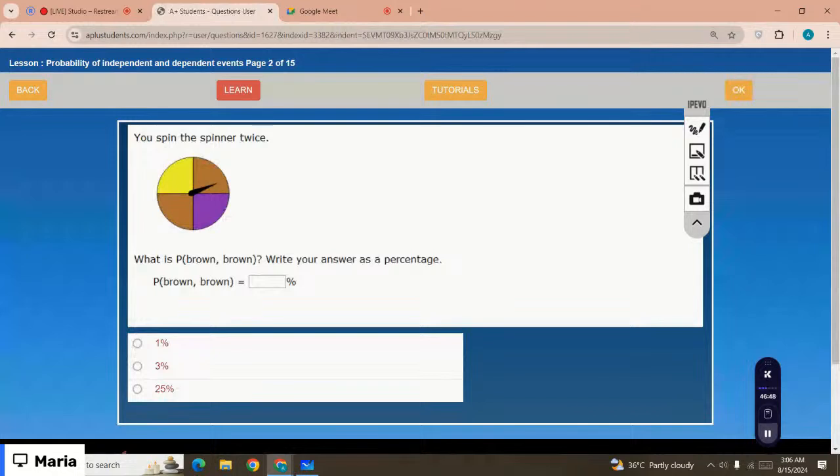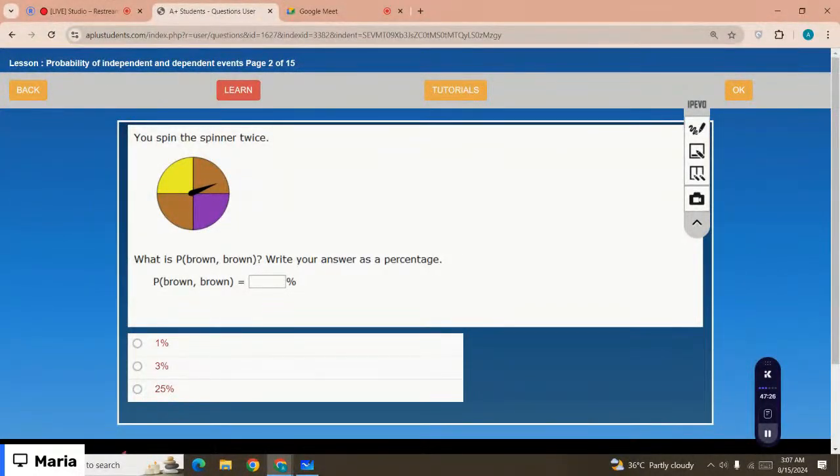When we're working on the spinners, all the events related to the spinners are independent, right? So for the first time the probability of brown is 2 by 4.